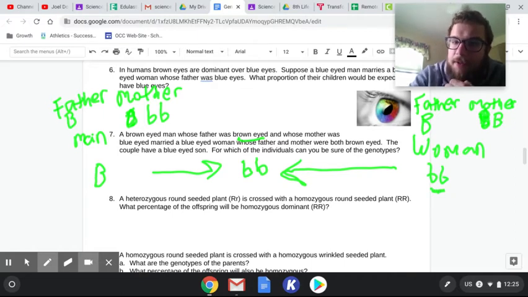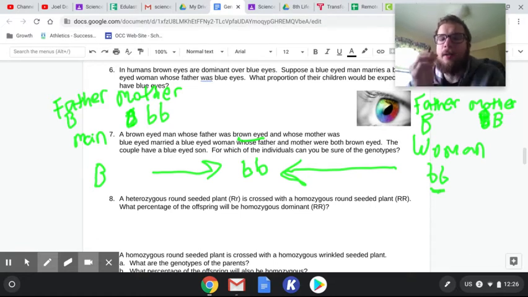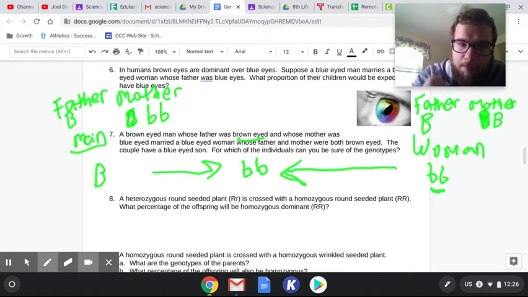Now, if they're going to have a son who's blue-eyed, if this man here is big B, big B, what does that do to all the squares in a Punnett square? That's going to put a big B in each one, and that's going to guarantee that they cannot have a blue-eyed offspring, okay? So if man right here was big B, big B, it wouldn't work.